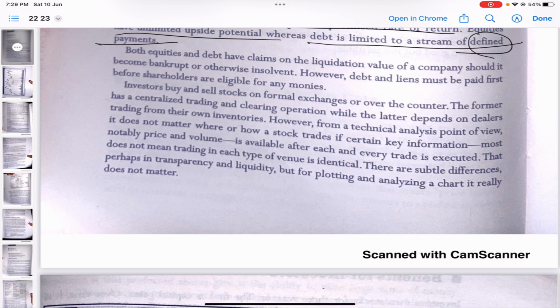Both equities and debt have a claim on the liquidation value of a company should it become bankrupt or otherwise insolvent. Liquidation is the moment when the company is in a bad situation and gets liquidated. In situations like that, both debt instruments as well as equity instruments have some sort of claims. However, debt and liens must be paid first before shareholders are eligible for any monies.